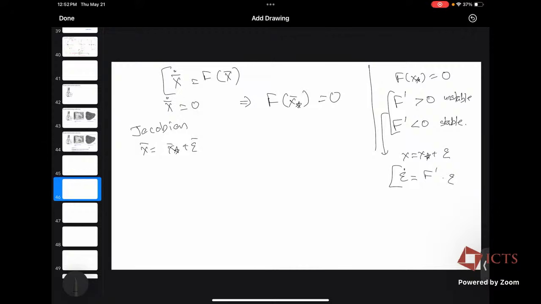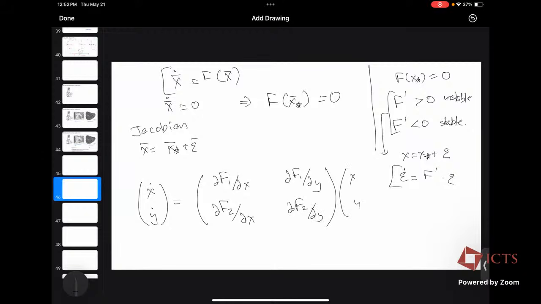Basically, what you will get is that the linear approximation of the system looks like this. I'm just going to call the variables x and y as well, but this is now my linear system. So x dot, y dot is equal to this Jacobian, which is del f1 by del x, del f1 by del y, del f2 by del x, del f2 by del y, acting on x, y.